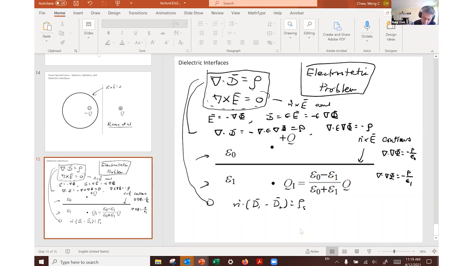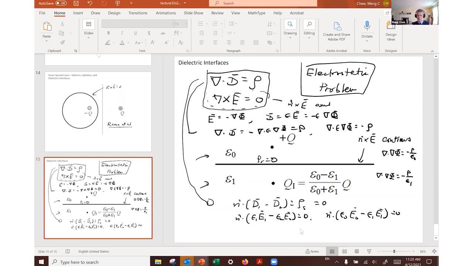But there's no surface charge in this problem. Rho of S is equal to 0 at this surface, so we can set this to be 0. Then the other boundary condition will be epsilon 1 E1 minus epsilon 2 E2 equal to 0. And actually, we just have epsilon naught and epsilon 1, so it will be epsilon naught E naught minus epsilon 1 E1 equal to 0. Those are the two boundary conditions that we need to solve this problem.